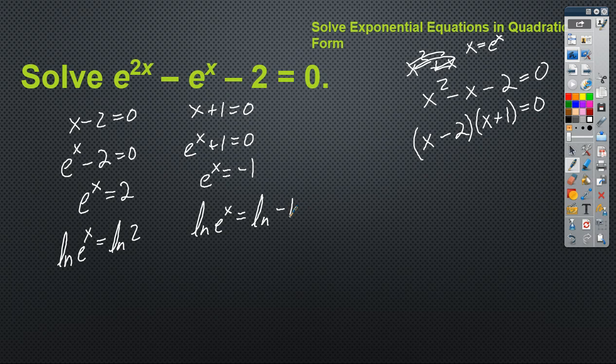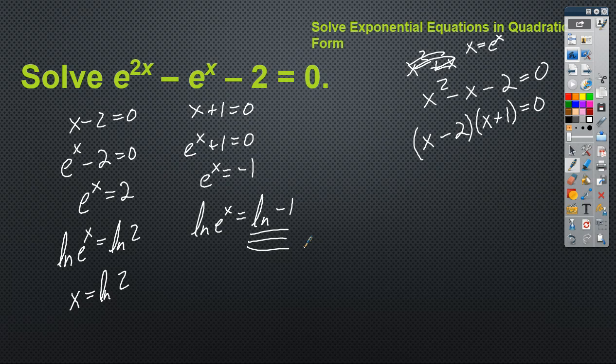Over here, my x goes away, but this part here, my exponent is able to come down. It's equal to natural log of 2. And then I get to this part over here and I see, what do I have here? Natural log of a negative number.